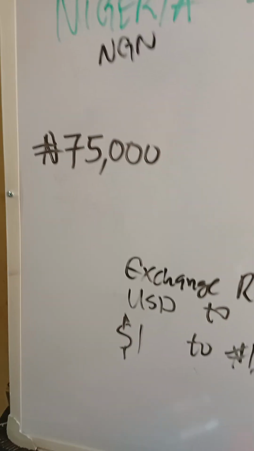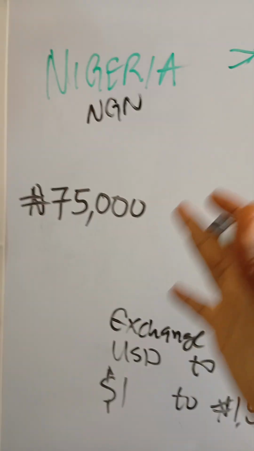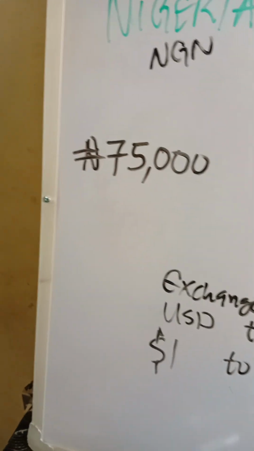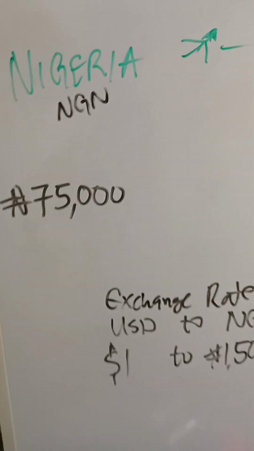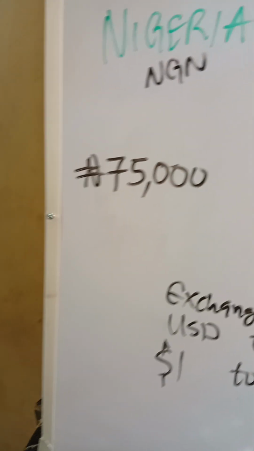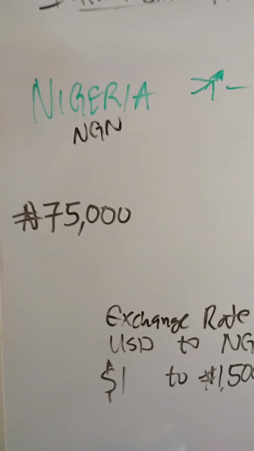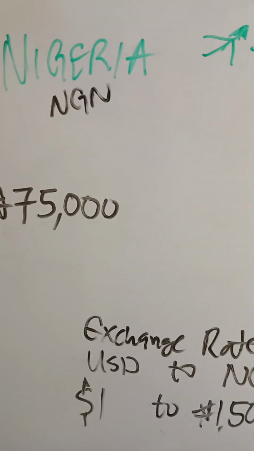So if you have 75,000 naira and you want to exchange your naira to dollar, all you just need to do is divide it. Yes, guys, all you just need to do is divide your 75,000 naira.